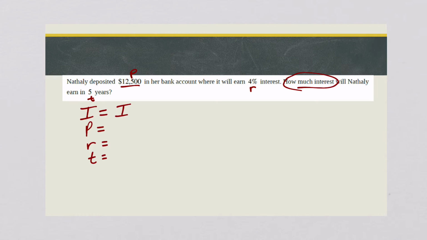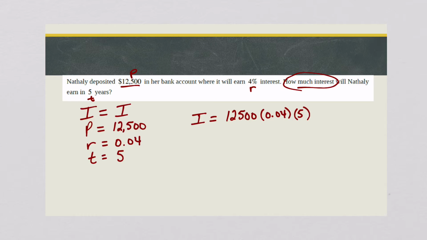So I'm going to let I be I. My P is 12,500. My R is 0.04 as a decimal, and my time is 5. So I've got I is equal to 12,500 times 0.04 times 5. And again, I'm not going to have to move anything around because that I is all by itself on that one side.